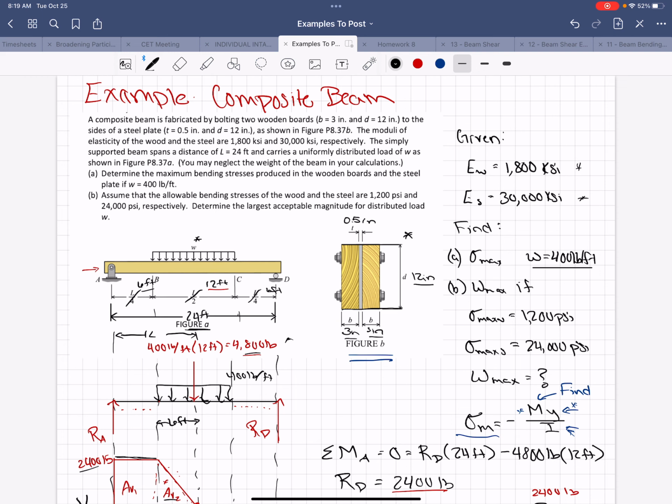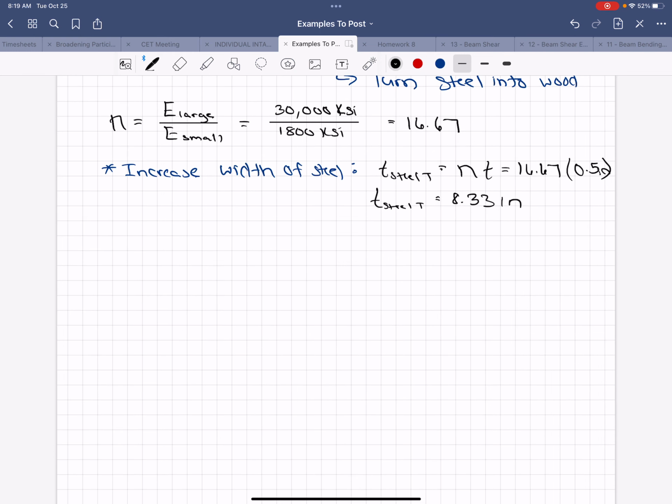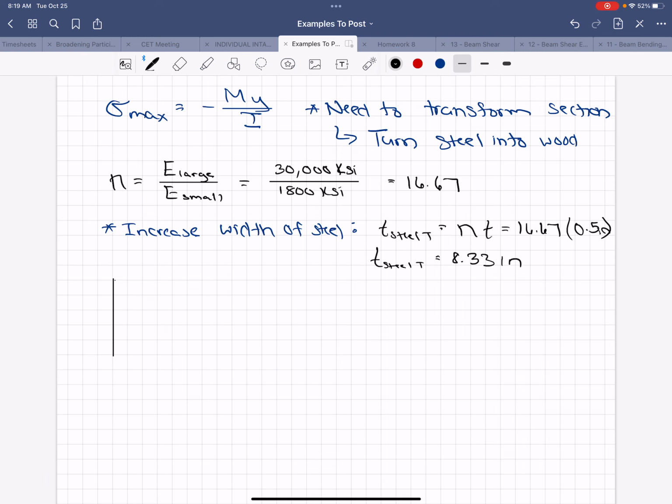So now we had this original cross section. Now we're going to treat it as a transformed cross section. So we're going to draw that. The height stays the same for all parts. So we still have a height of 12. The wood stays the same at 3 inches. So here's the first wood section.